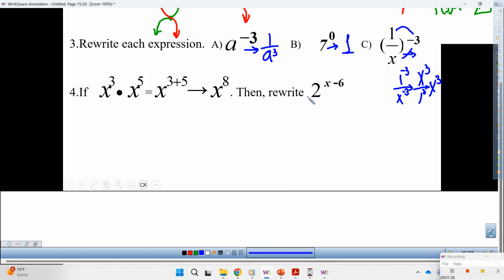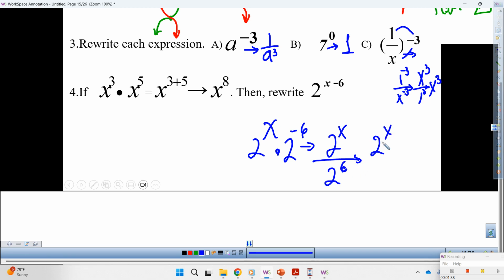And last but not least, 2 to the x times 2 to the negative 6. 2 to the x stays there. 2 to the negative 6 goes to the denominator, turns into a positive. So this is 2 to the x over 2 times 2 times 2 times 2 times 2 times 2. So that is 8 times 8, that's 64.